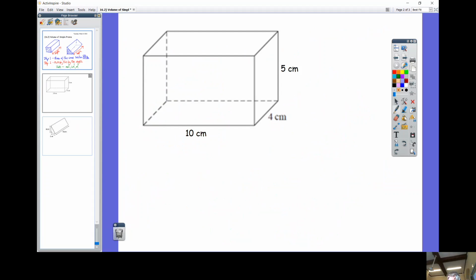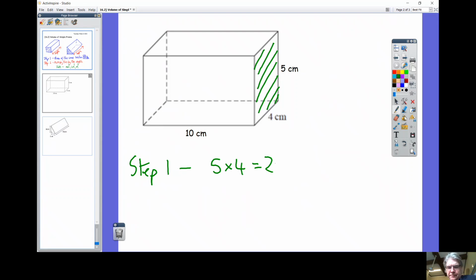Right, so this is what I want you to do. Here's the question. You can choose what is your end bit. So I'm going to make that my end bit. Okay, so step one, I work out the area of my end bit, which is 5 times 4 equals 20.